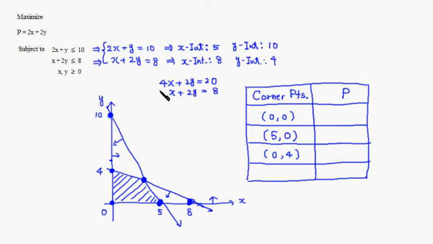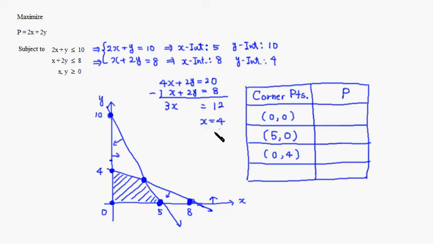So do the subtraction. 4x minus x is 3x, and 2y minus 2y is 0, and 20 minus 8 is 12. So this gives you, dividing through by 3, x equals 4.